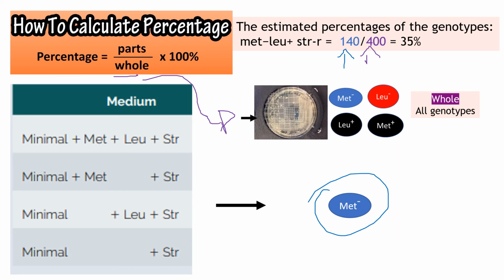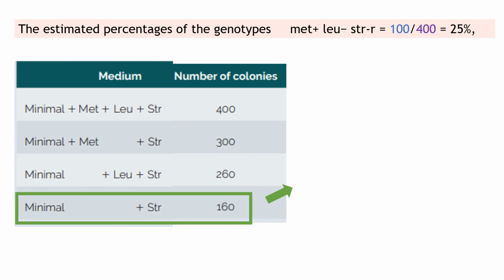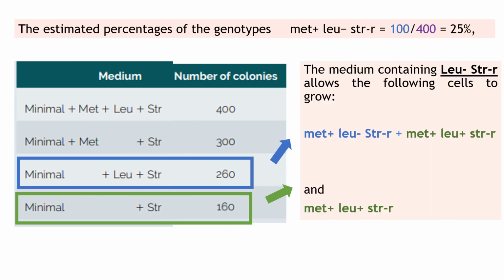Okay, now let's go for the next genotype. In this genotype, they are asking us for the one that misses the leucine. Here, the one that has leucine plus will allow this genotype to grow. However, we are not only going to grow this one, but also the one that has the two plus.